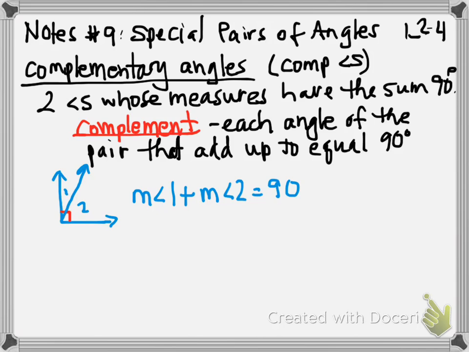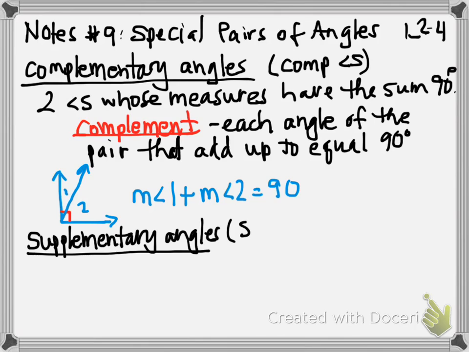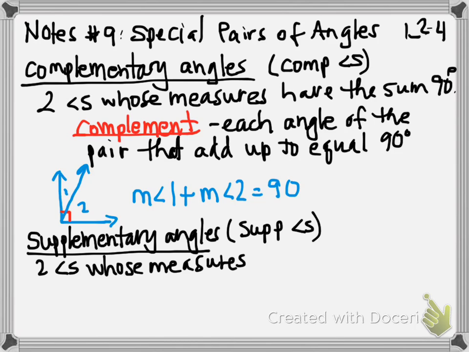Okay? So the cousin to complementary angles is supplementary angles. And I abbreviate it as supp, S-U-P-P, angles. And they are two angles whose measures have the sum 180 degrees.